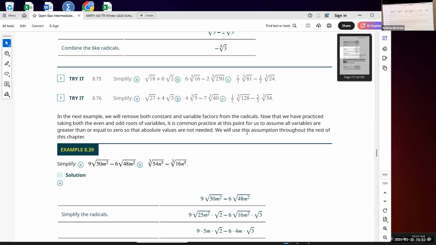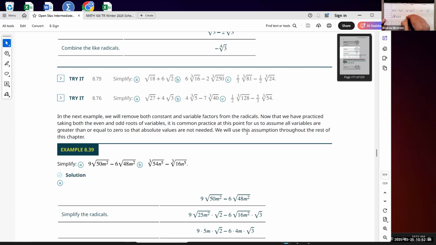These are a little bit more icky, I guess. They are quite a bit trickier. So let's see what's going on with all of these. So square root of 18 plus 6 times the square root of 2.